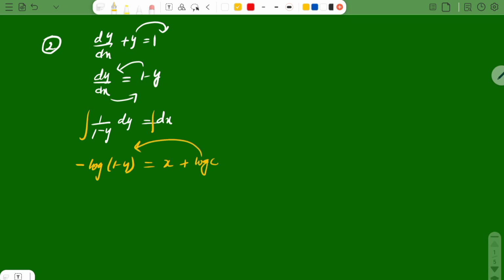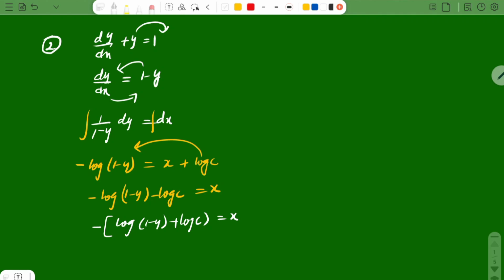This log c goes to the opposite side, so we get minus log of 1 minus y minus log c is equal to x. Both have negatives, so taking the negative outside, we get log of 1 minus y plus log c is equal to x.